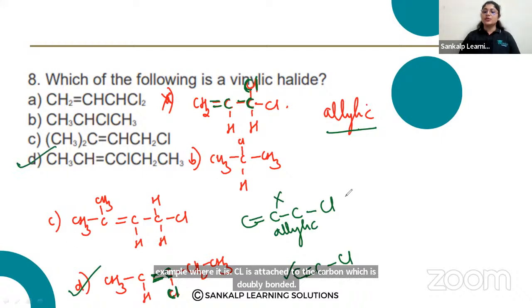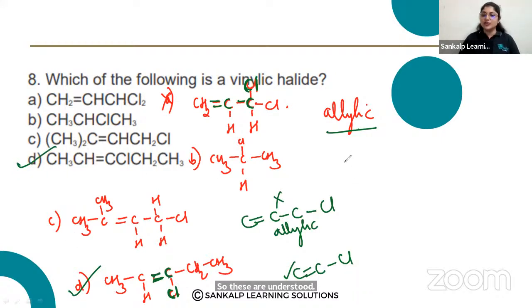Understood? Don't get confused between allylic halides and vinylic halides. Allylic halide is this: the halogen atom is attached to an sp3 hybridized carbon which is next to a carbon-carbon double bond. And in vinylic halide, what is happening? The halogen atom is attached to a carbon which is sp2 hybridized of the carbon-carbon double bond.